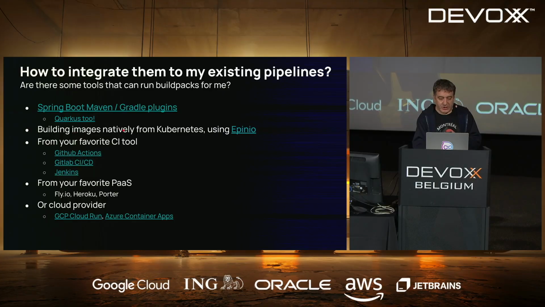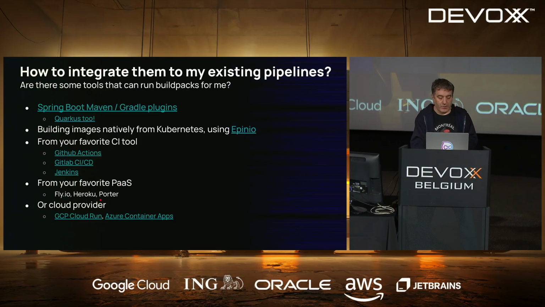There are some integrations that run natively from Kubernetes, from an open source project named Epineo. Of course, in your CI pipeline, you can use Buildpacks using GitHub Actions. There's an official GitHub action for Pack, and you can use GitLab CI/CD as well, and Jenkins. Also, there are some platforms as a service that actually use Buildpacks for their own build.